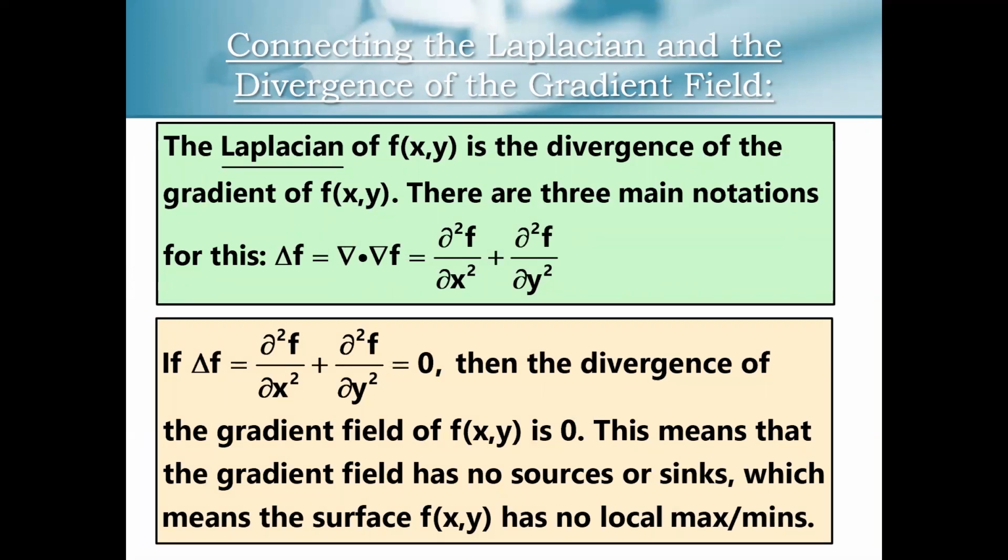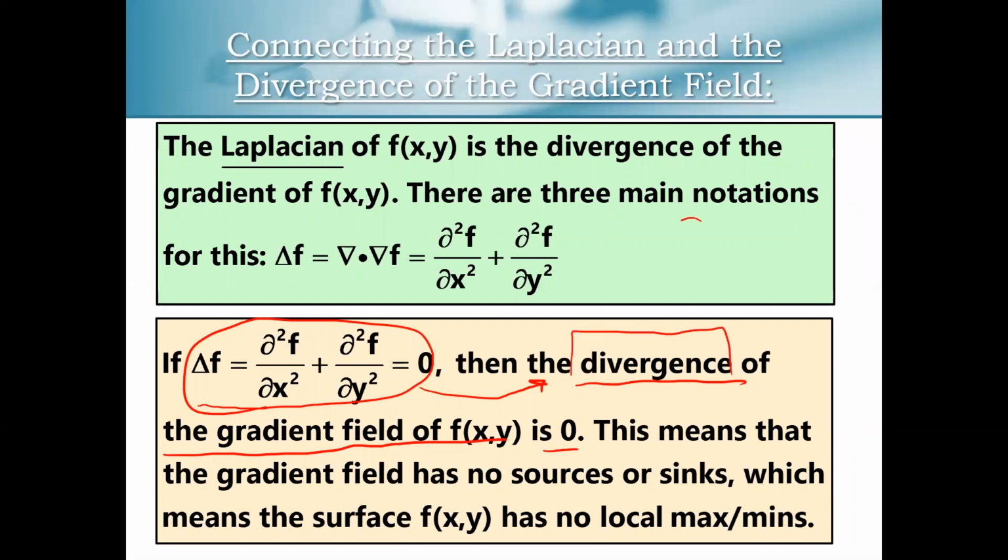In order to unpack what it means for the Laplacian to equal 0, let's remember the definition of the Laplacian. If the Laplacian equals 0, that means the divergence of the gradient field for f is equal to 0. And remember, divergence is talking about sinks and sources. That means that we have a vector field with no sinks and no sources.